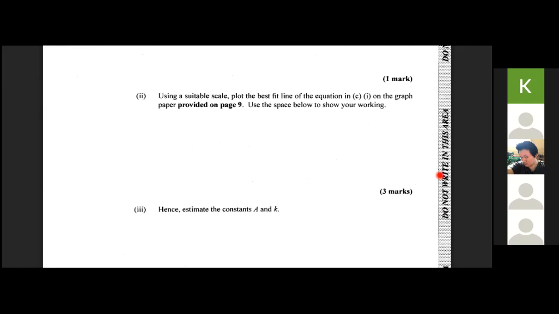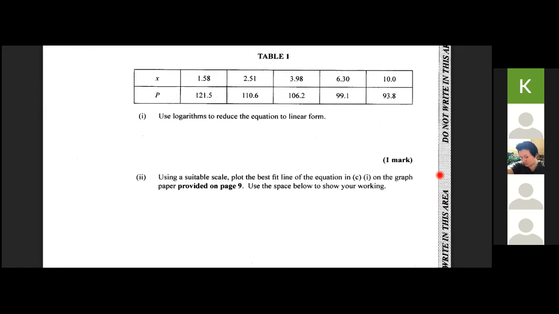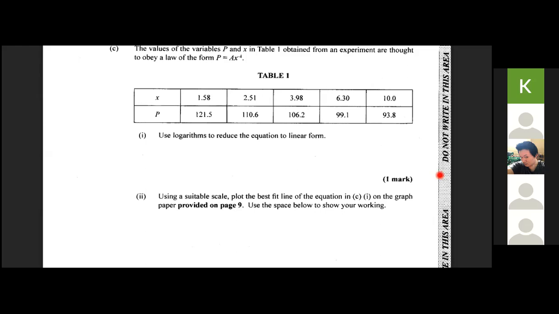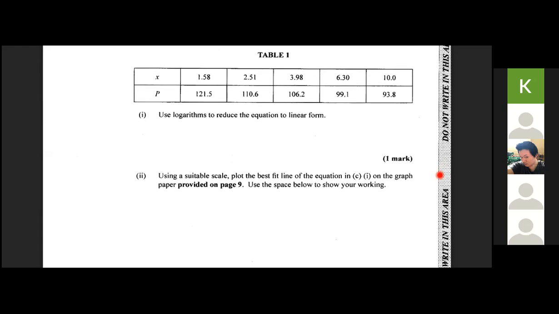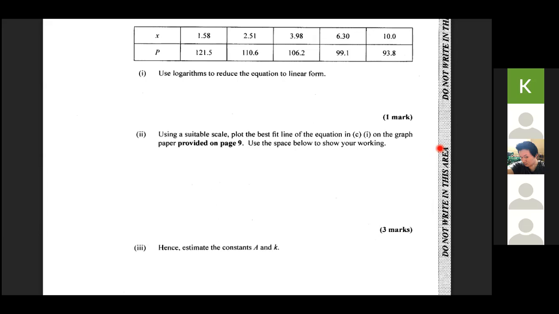And like I said, once you know how to identify Y, M, X, and C, this graph is nothing, right? So they want me to draw a graph.